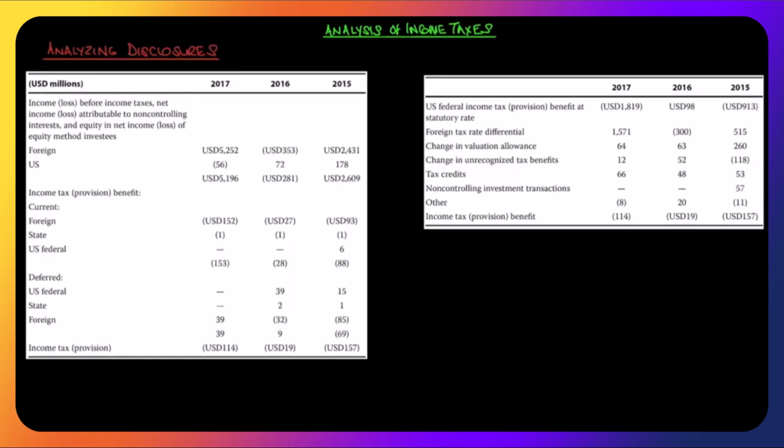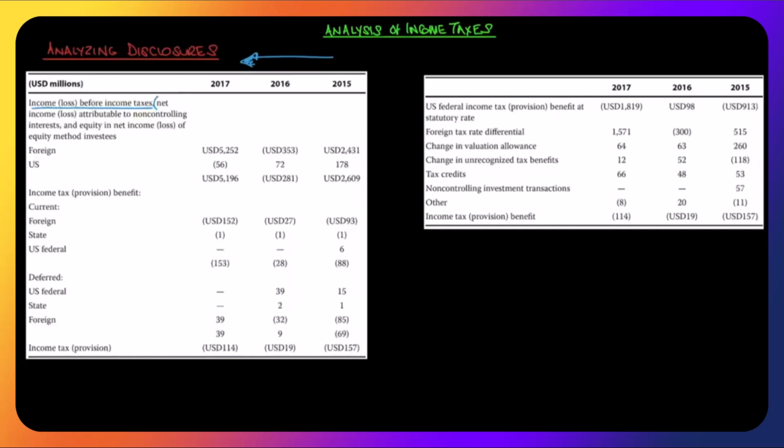On the left for 15 through to 17, what we have at the top is our income before tax. We're also excluding income or loss attributable to non-controlling interest. So if we have subsidiaries in a set of group accounts, non-controlling interest is the ownership in that company that we don't have.